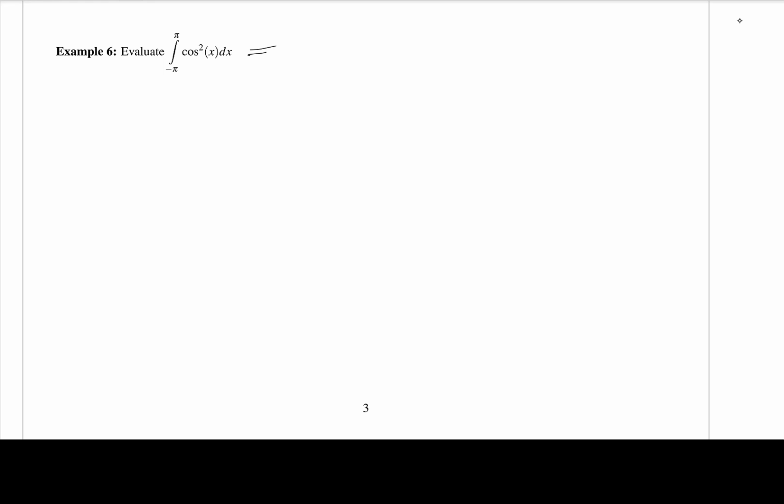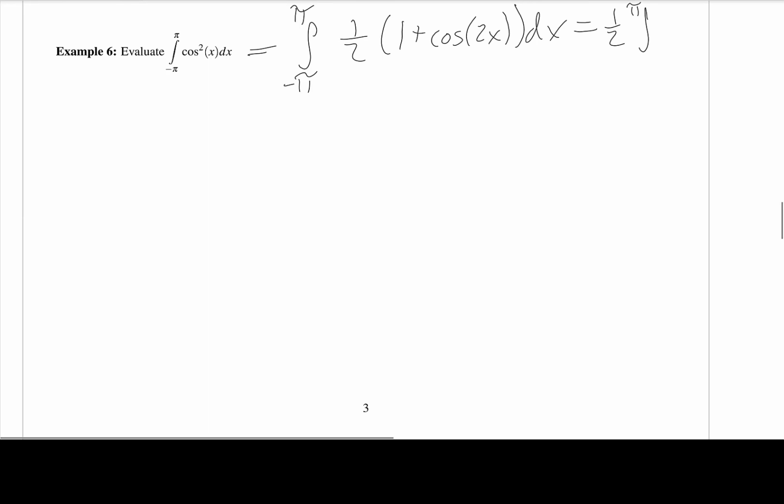So this is going to be the integral from negative pi to pi of 1/2 times 1 plus cosine 2x dx, which is equal to 1/2 times the integral from negative pi to pi of 1 plus cosine 2x dx. All I'm doing there is just pulling out our constant multiple 1/2.